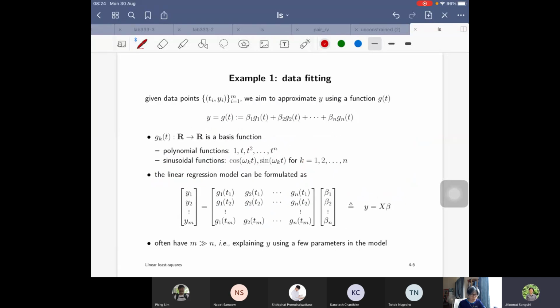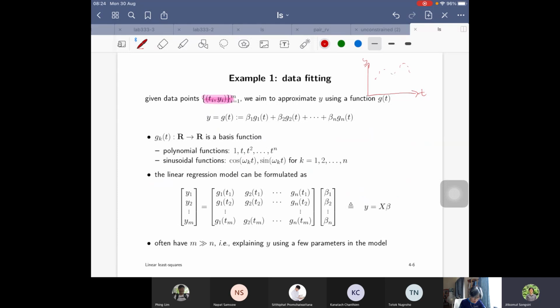Now I'm going to give a list of engineering applications of linear least square. These are very common examples. The first one is data fitting. Suppose you have data points t_i and y_i. You have t and y.